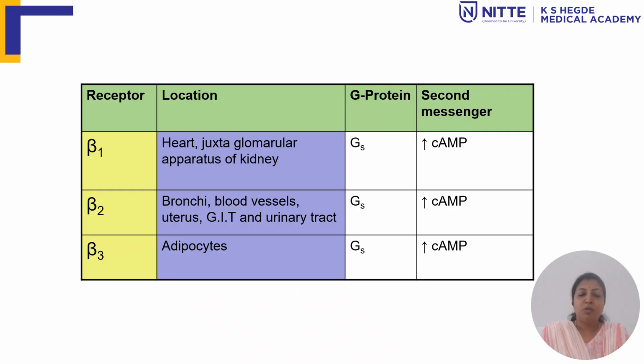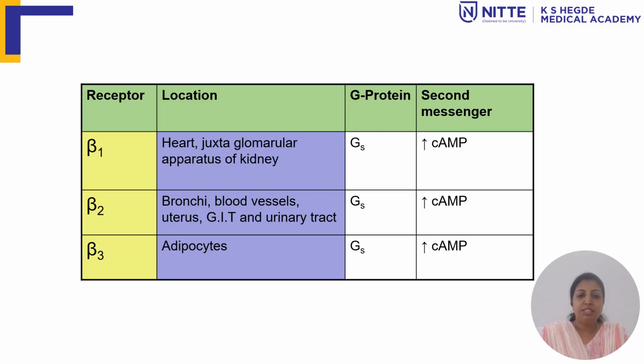Before we go into the pharmacological actions of beta blockers, let us brush through the beta receptors and their location. Okay, so it's very important for you to know the subtypes of each receptor and where it is found. Beta 1 receptor is predominantly present in the heart and also the juxtaglomerular cells of the kidney.